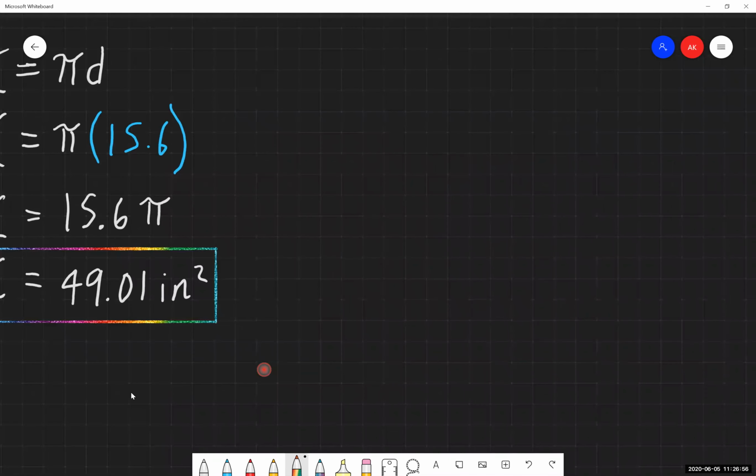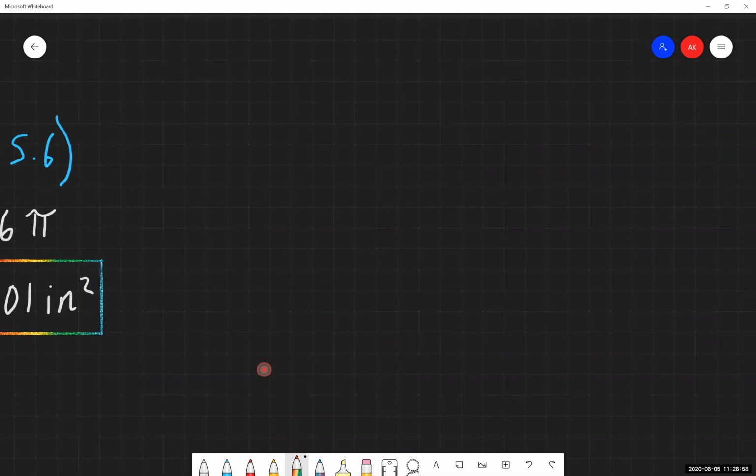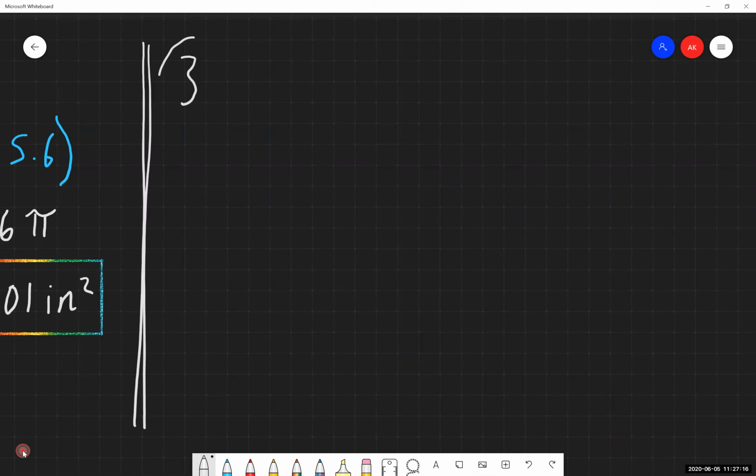So we're going to work with our third example from that section, which is going to let's do something a little bit different with these. Okay, so our third example from that section, we were told find the diameter of the circle with a circumference of 147.58 meters.